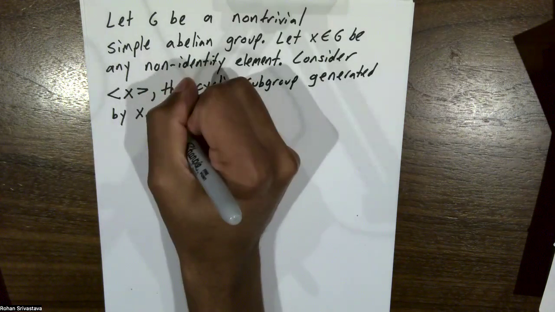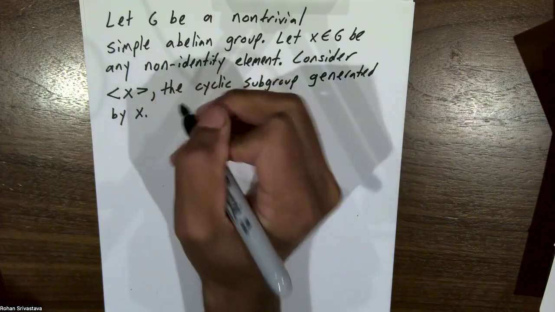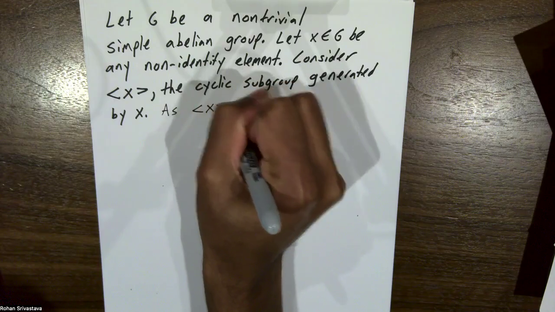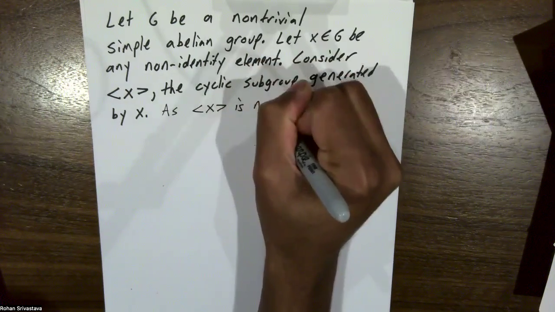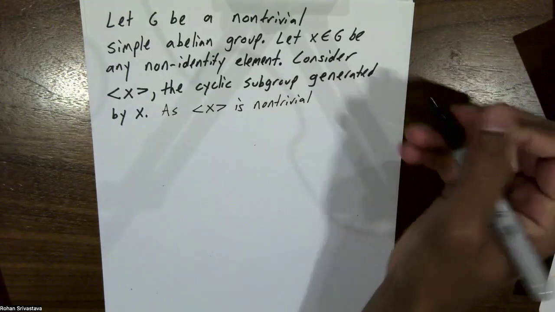But this cyclic subgroup generated by X cannot just be the identity element, because X is not the identity element.